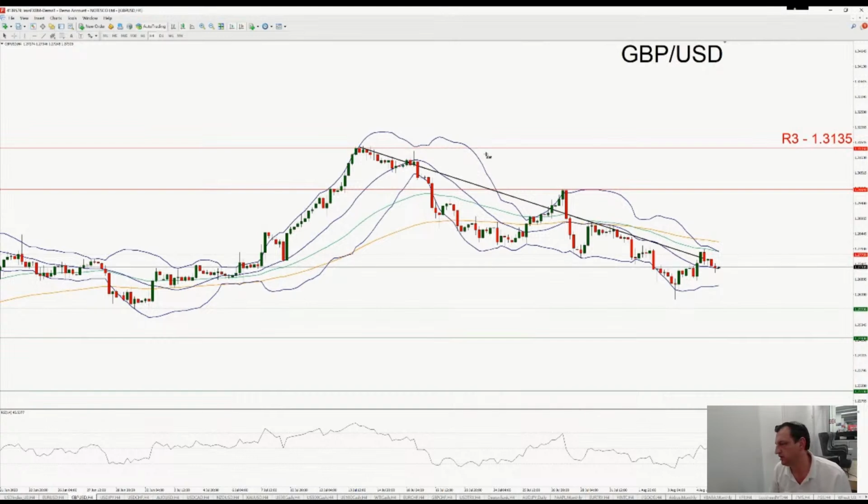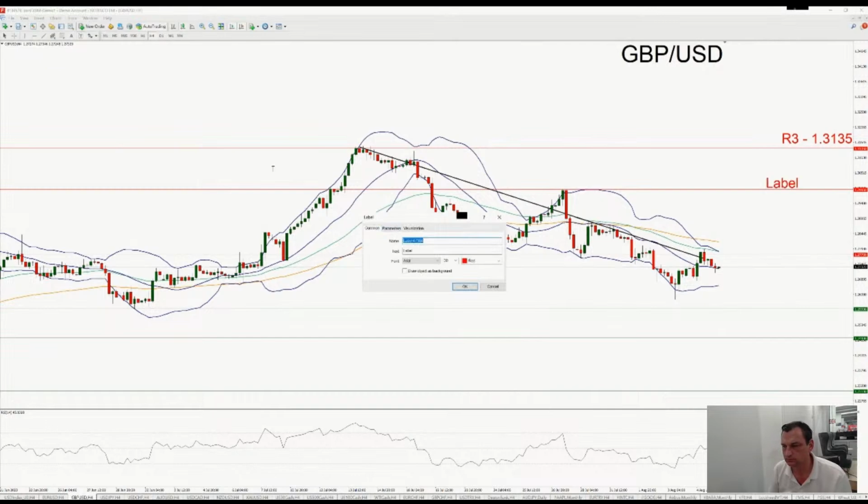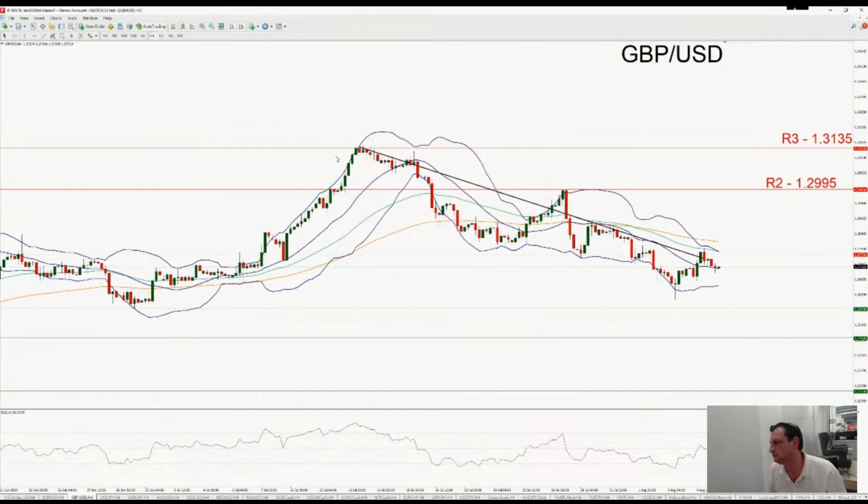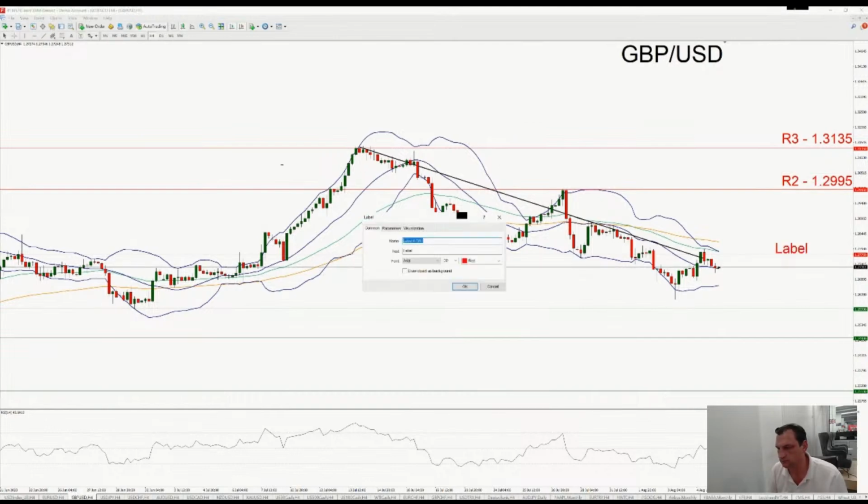Also, let's have a look at the R2, sorry, which is now at 1.2995. Let's place a label. Moving now to the R1, 1.2775.